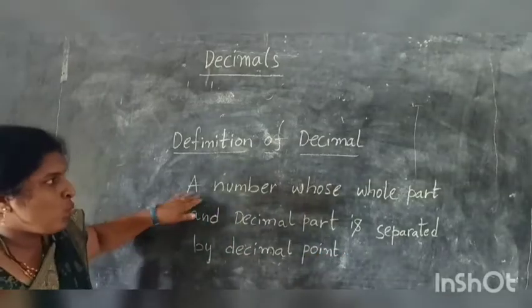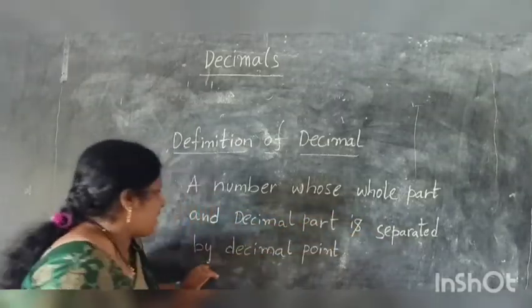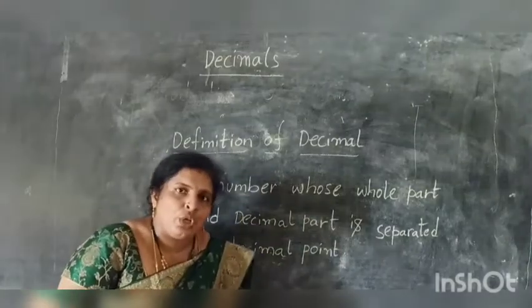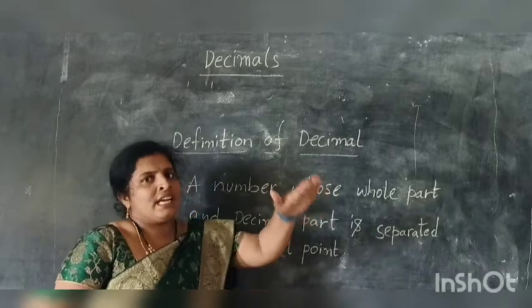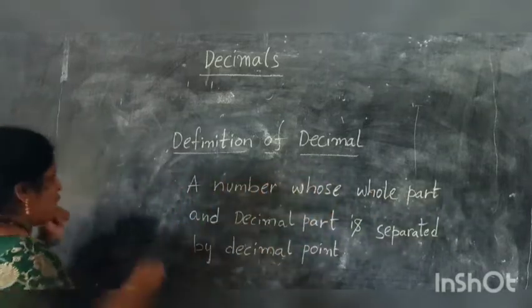A number whose whole part and decimal part are separated by a decimal point. Thus, the decimal point is used to separate the whole numbers from the decimal fractions.